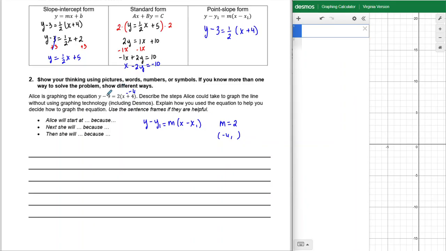And then technically here it is y minus y1, so the y1 is positive 9. Okay, so Alice will start by graphing the point, and then from the point using the slope to count the steps. Let me write that down real quick.